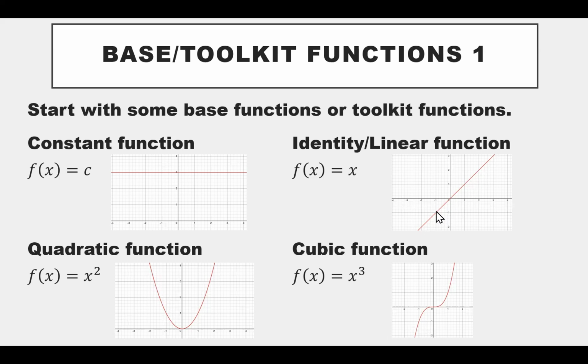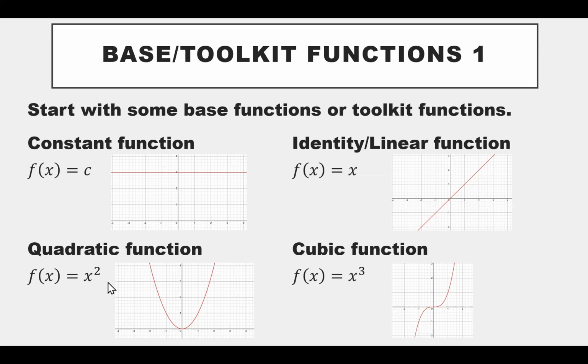So the rate of change is always 1. And every point on that line is going to have the form x comma x. In other words, the input value is the same as the output value. That's one of the reasons why this is often called the identity function. It's linear, it's our base linear function because it produces a line.